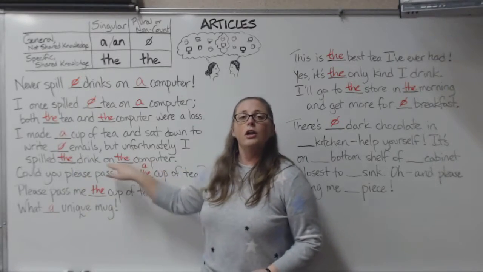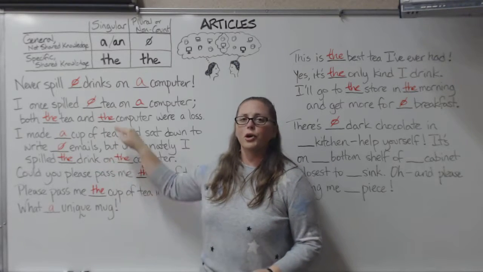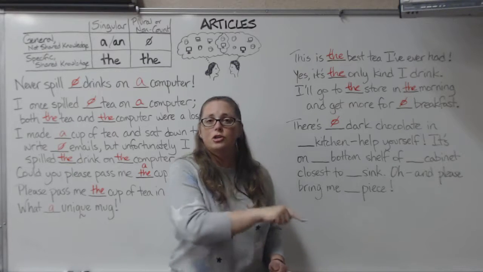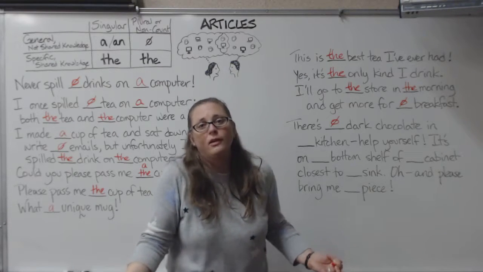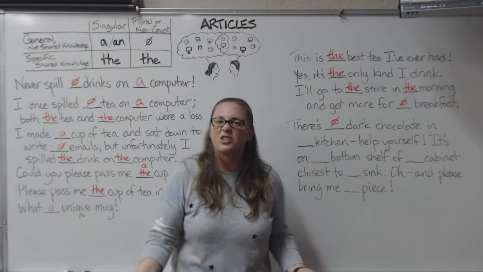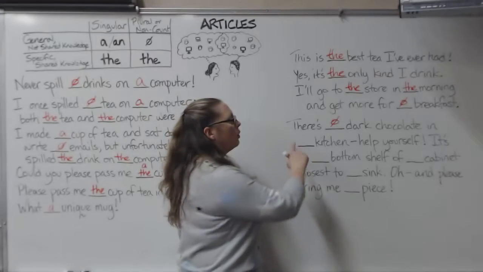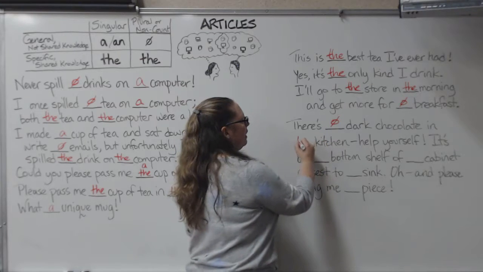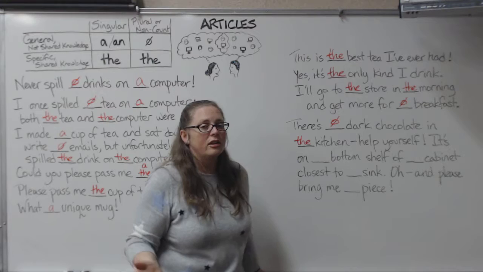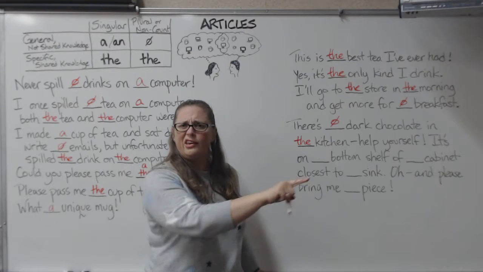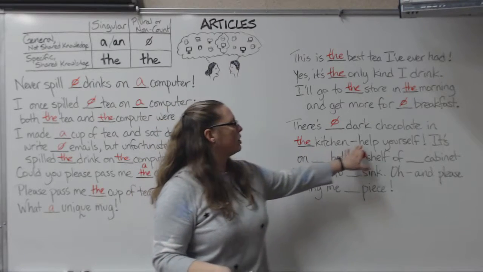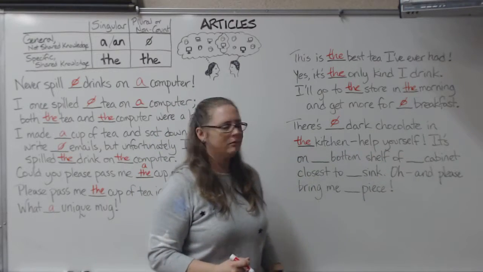Even if you haven't used the word before, the listener understands which kitchen you're talking about, the kitchen at your house. It's pretty clear that that's the kitchen you're talking about. Because if somebody asked which kitchen, the listener could say, well, I think it's his kitchen, her kitchen. In the kitchen, help yourself.